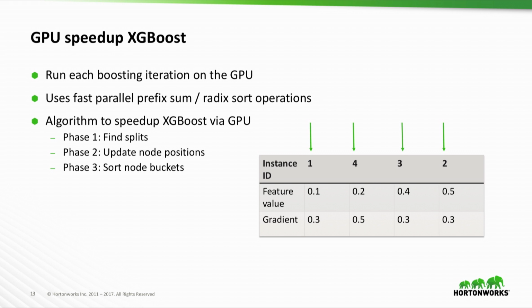But each time, we only process one sample. In the GPU version, we can process multiple samples. And if we sort the node buckets in order, we get a fast parallel prefix sum algorithm to quickly split the node. So this is how the GPU accelerates XGBoost.